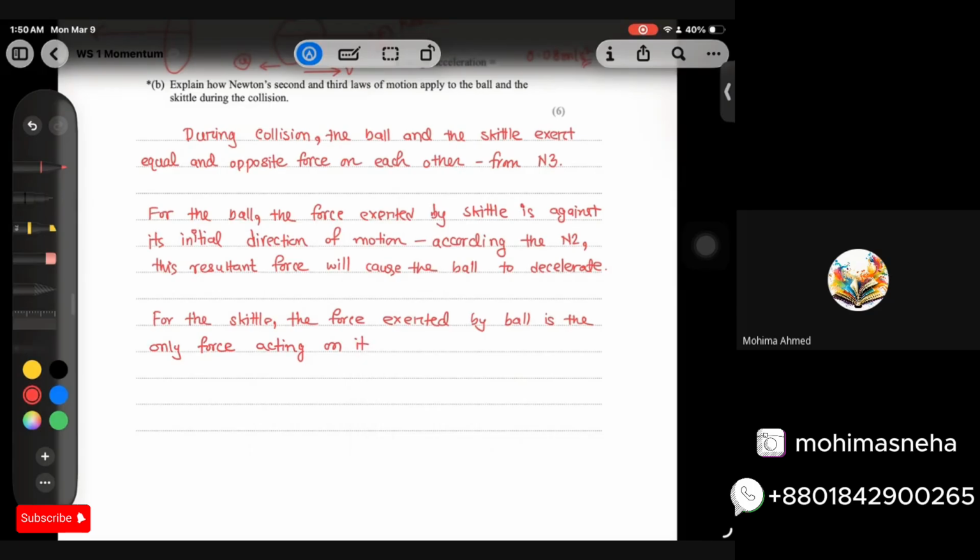Acting on it. So from N2, see how I'm mentioning that the skittle will move to the left and not mentioning in which direction the ball will move.